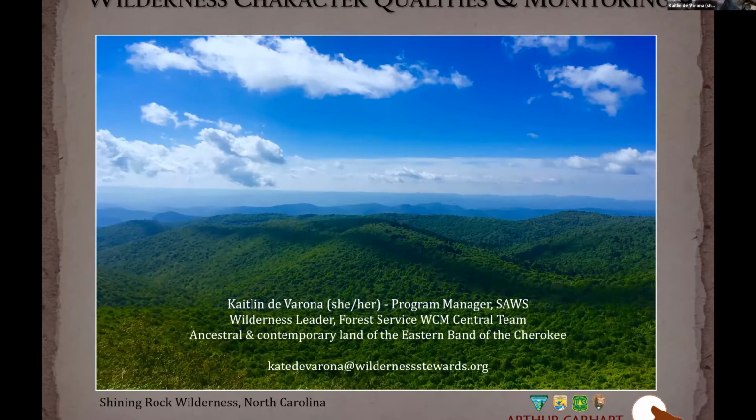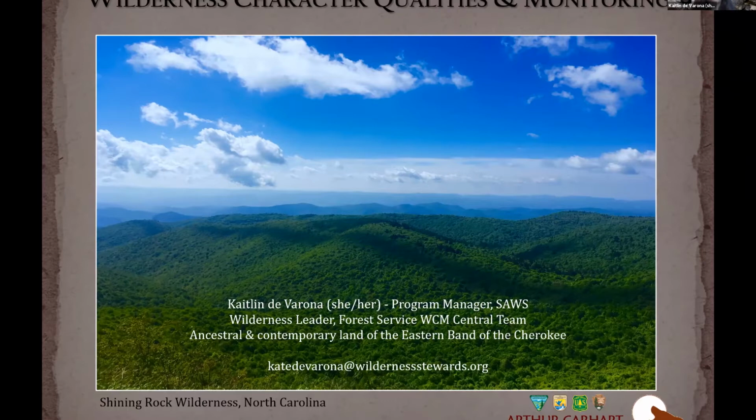Yeah, so Julie walked through a little bit about why the wilderness character framework was developed, kind of setting the stage for creating this monitoring framework we'll talk about a little bit more, and using that language directly from the Act to create this framework now and moving forward.